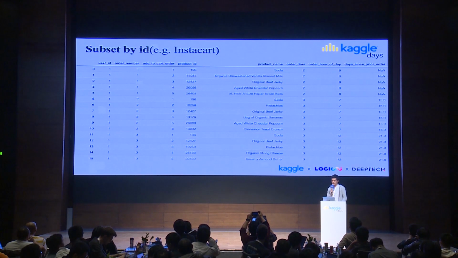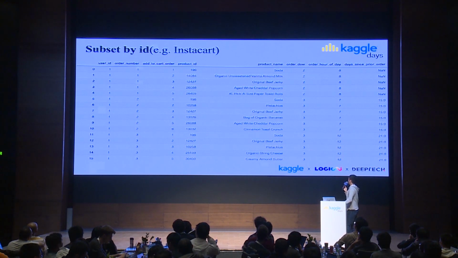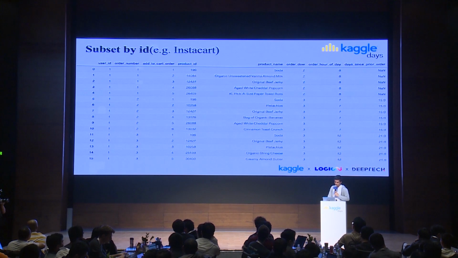We have this data: user ID, order number, add to cart order, and product ID. This data is very interesting to me because we can easily know the names of items.